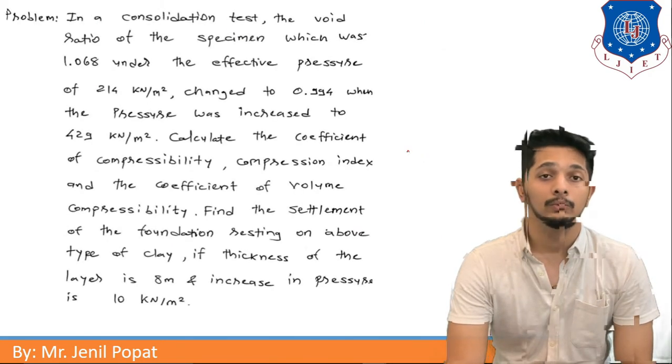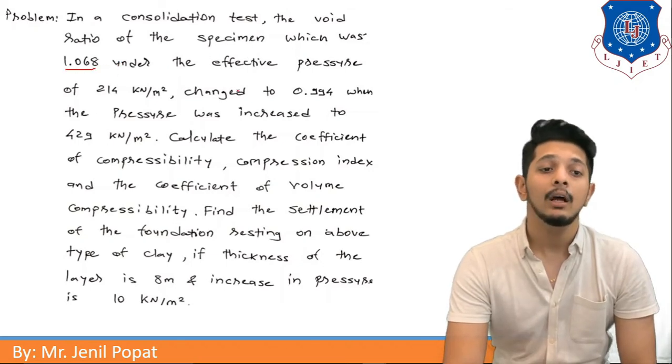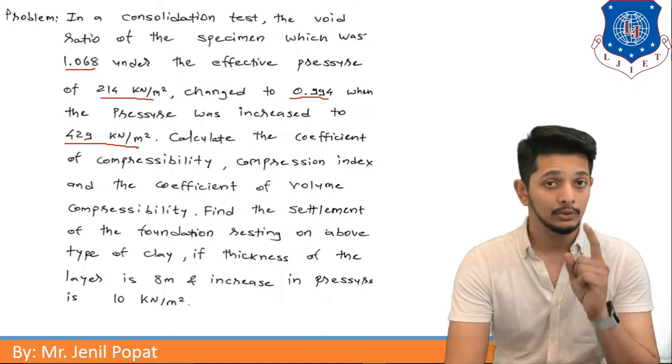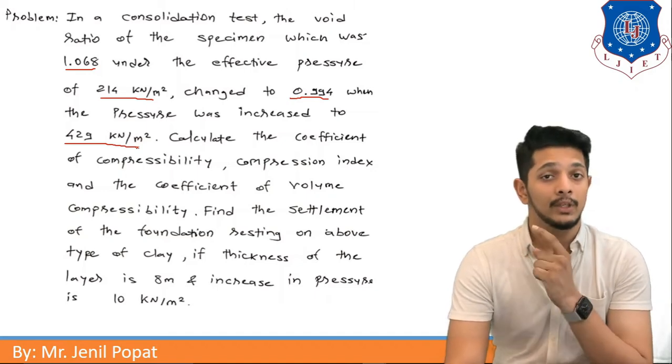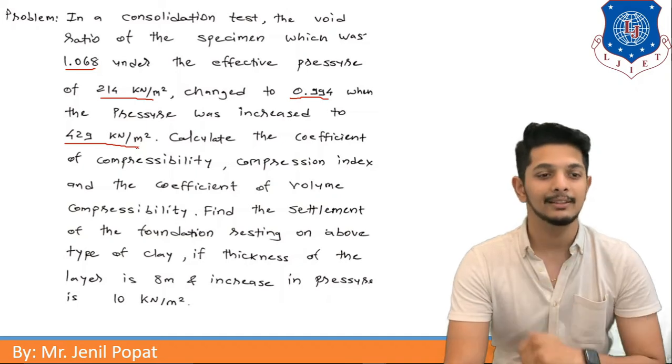Problem number 2. In a consolidation test, the void ratio of the specimen, which was 1.068 under the effective pressure of 214 kilonewton per meter square, got changed to 0.994 when the pressure was increased to 429 kilonewton per meter square. So do concentrate here. Here pressure is increased and void ratio got decreased.